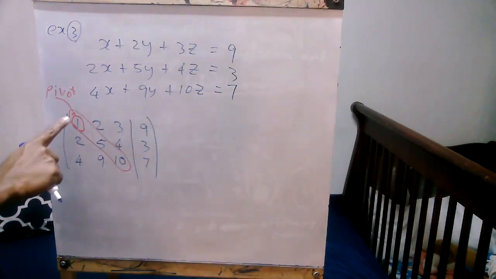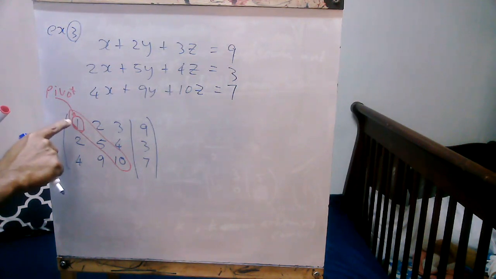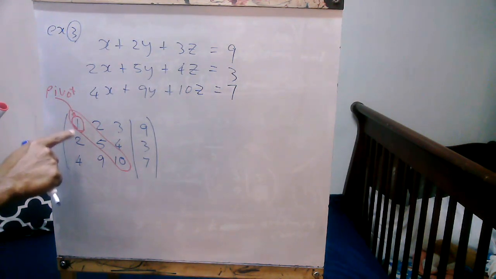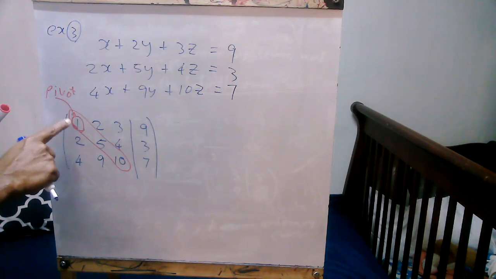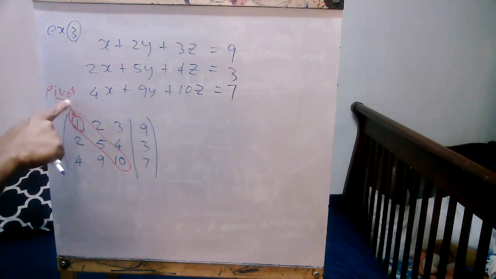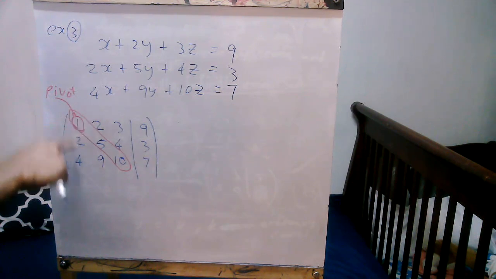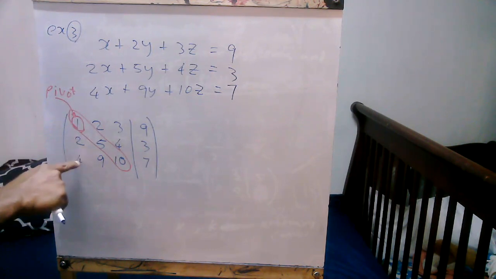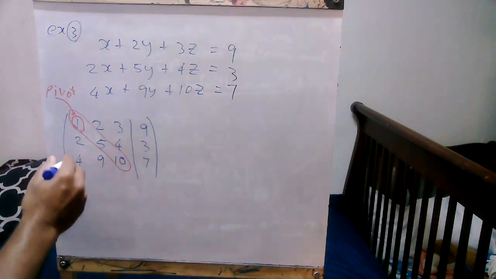Now we have 1 in one of the diagonal elements, so we are done with that step. The next step is to make everything else in the column containing the pivot 0. Not the pivot, but everything else. This 0 and this 0.